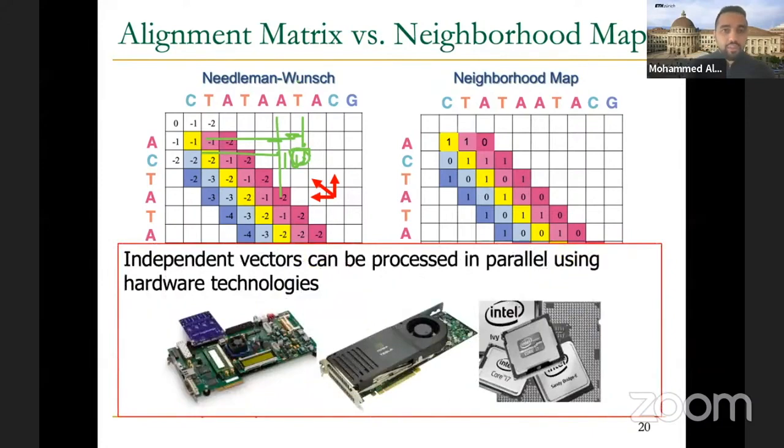The nice thing is that you can parallelize everything using today's hardware. In sequence alignment, if you want to do the parallelization, what you can do is solve many problems in parallel, right? So you replicate this module to calculate sequence alignment many times. So you have different pairs operating in parallel.